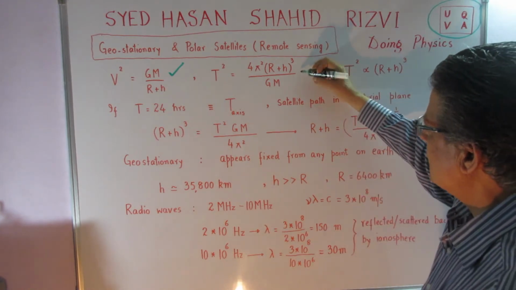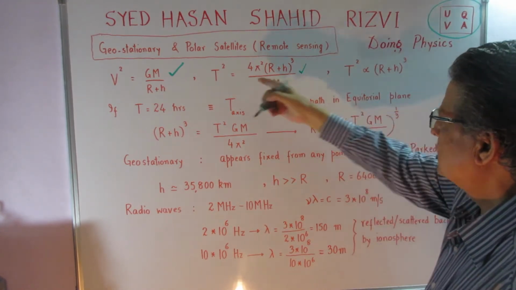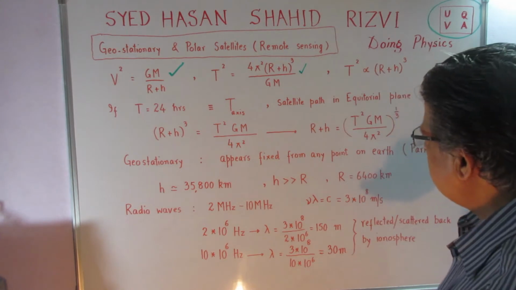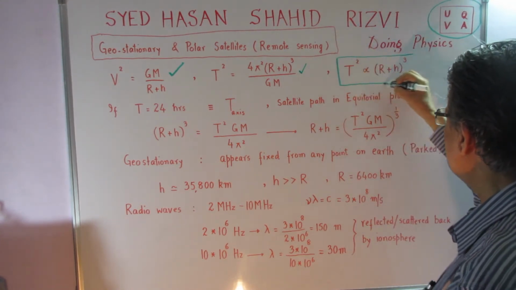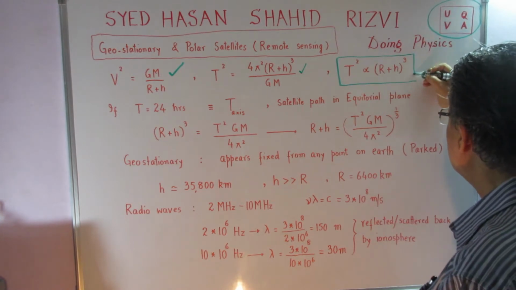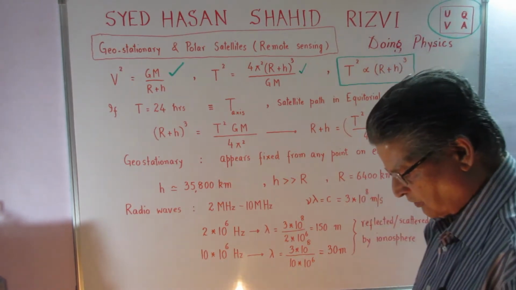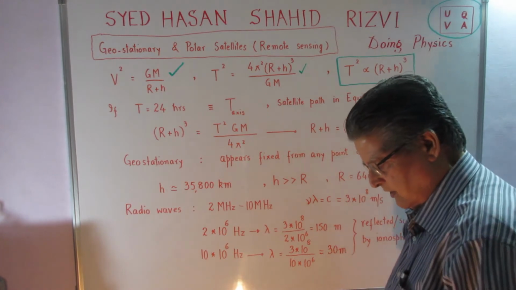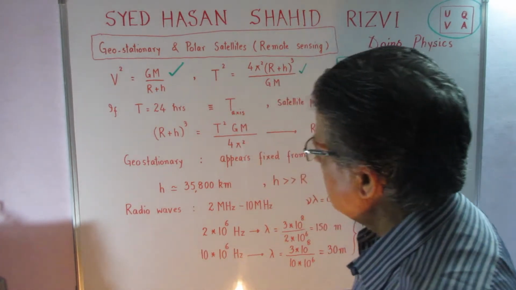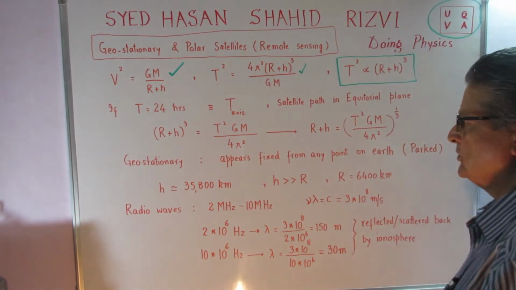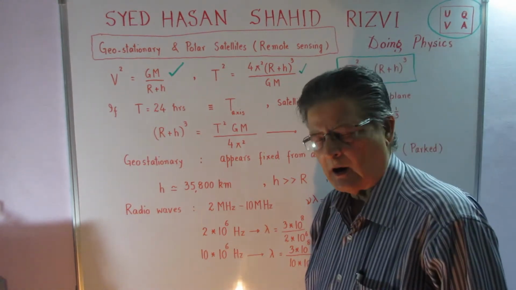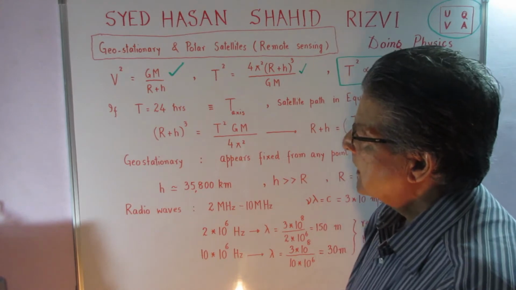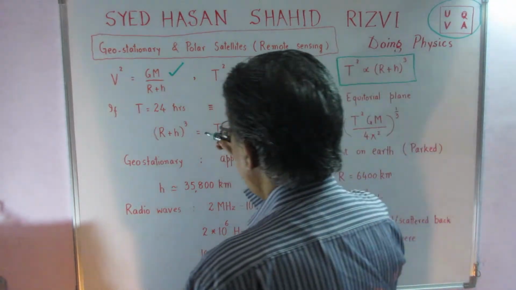So from here, what we get is that the square of the time period is proportional to the cube of the radius, which is in accordance with Kepler's third law.